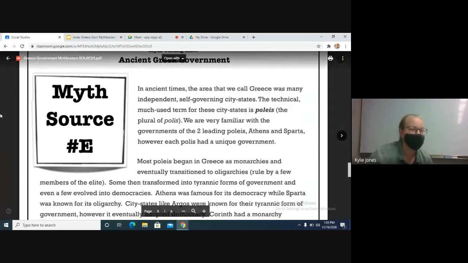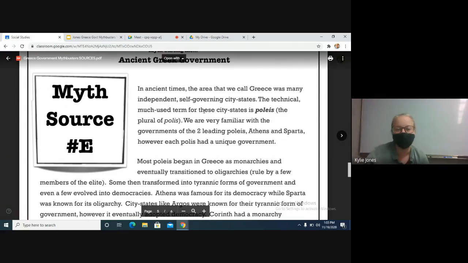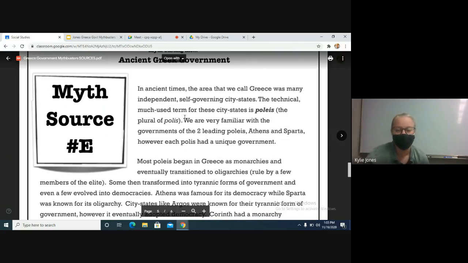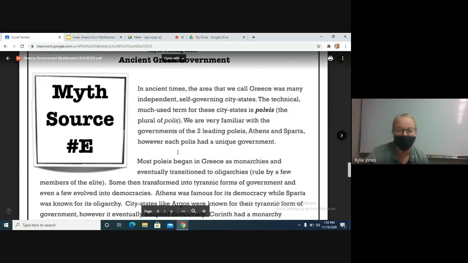Source E. In ancient times, the area that we call Greece was many independent, self-governing city-states. The technical, much-used term for these city-states is a polis, the plural of polis. We are very familiar with the governments of the 2 leading polis, Athens and Sparta.